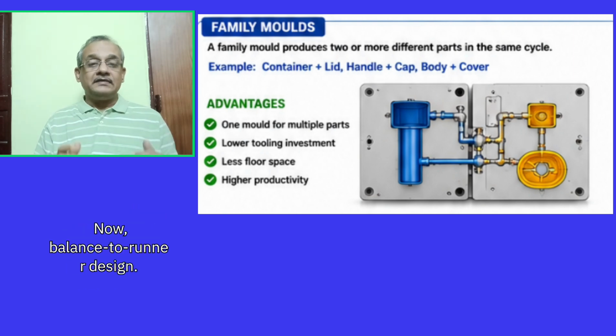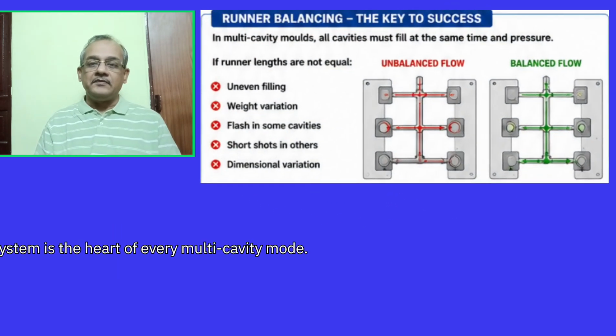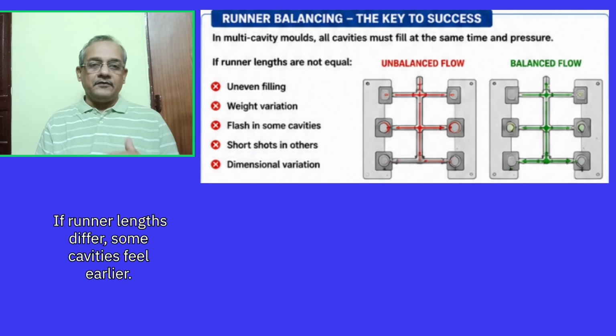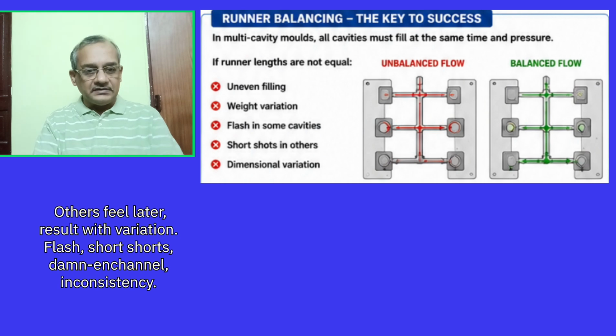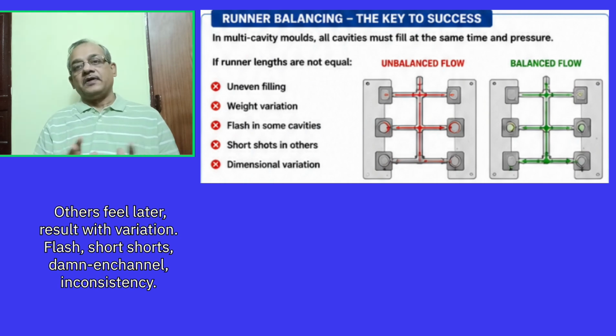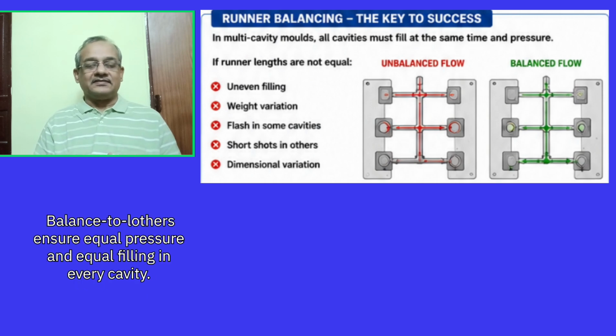Now, balanced runner design. The runner system is the heart of every multi-cavity mold. If runner legs differ, some cavities fill earlier, others fill later. Result: weight variation, flash, shorts, dimensional inconsistency.